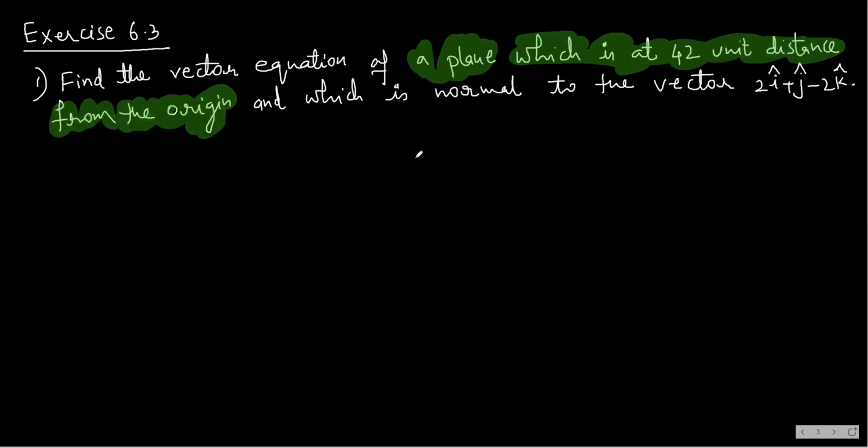You got that? So this is the first data we are given. We are given the distance of the plane from the origin, and it is normal to the vector 2i cap plus j cap minus 2k cap.